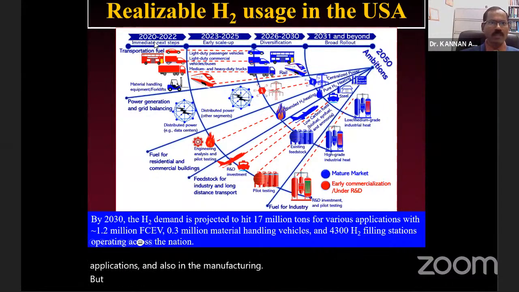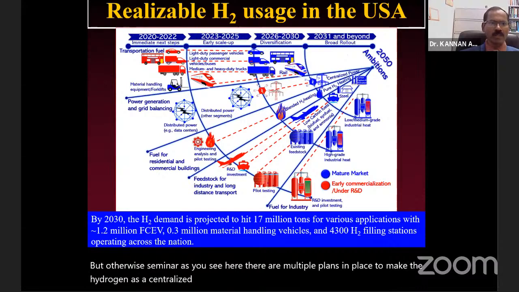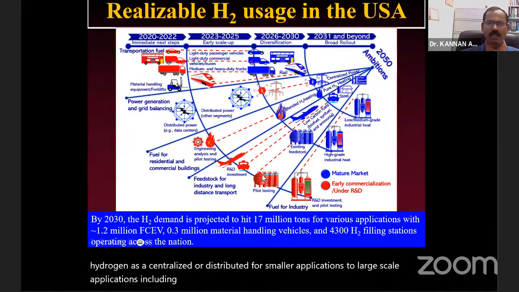Otherwise, as you see here, there are multiple plans in place to make hydrogen available as centralized or distributed, for smaller applications to large scale applications, including more transportation in terms of reducing the carbon footprint.